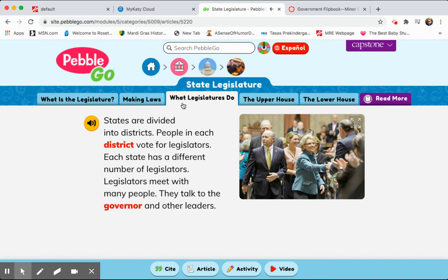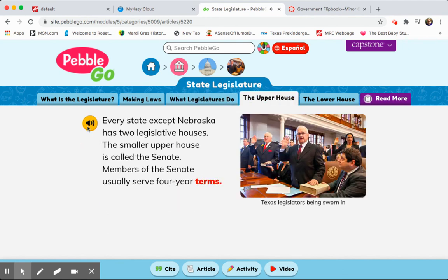What legislatures do. States are divided into districts. People in each district vote for legislators. Each state has a different number of legislators. Legislators meet with many people. They talk to the governor and other leaders. The upper house.